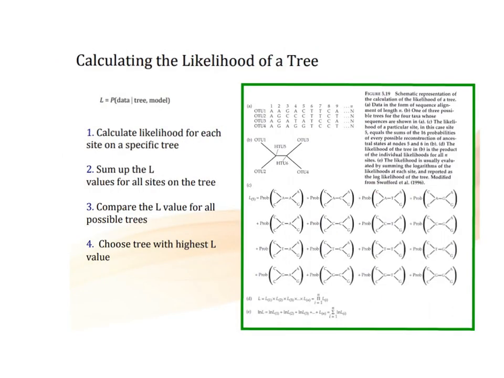The next thing he wanted to get across, he was actually showing the likelihood. I didn't go through all the steps, but essentially we get the likelihood of a tree. We calculate the likelihood of each site, and then we sum up all the site values. Then we have all of the trees that we generated, and we have a probability for each tree. We're just going to choose the tree with the highest likelihood.